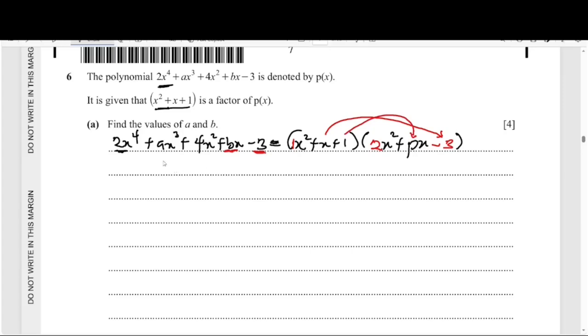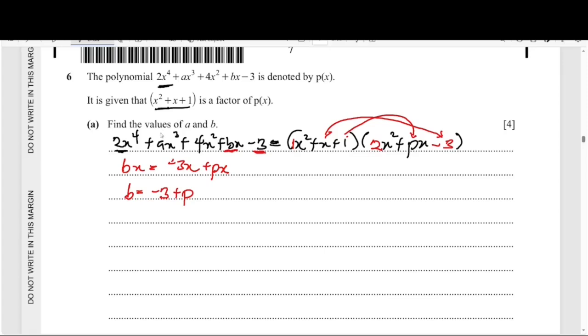That means that the bx from the left hand side must be equal to negative 3x, I'm just multiplying the ones the arrows are pointing at, and then 1 times this will give us plus px. That gives us b is equal to negative 3 plus p, for a first equation.